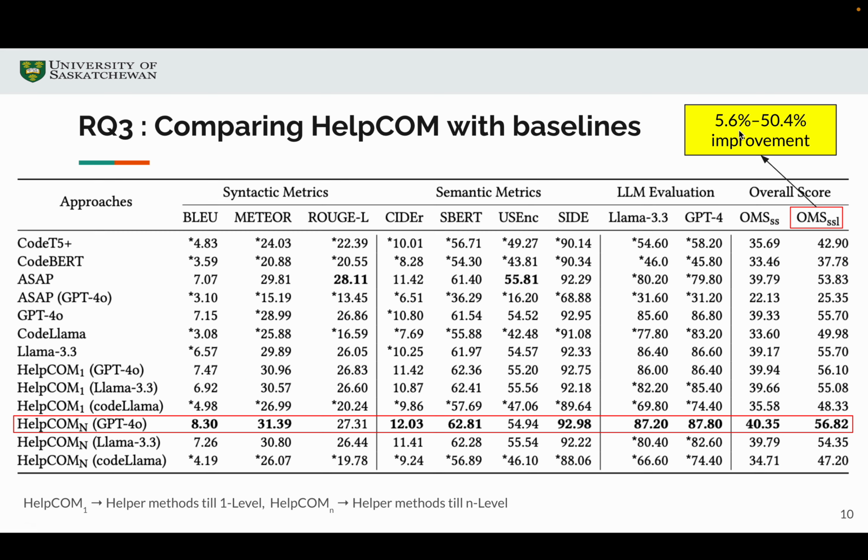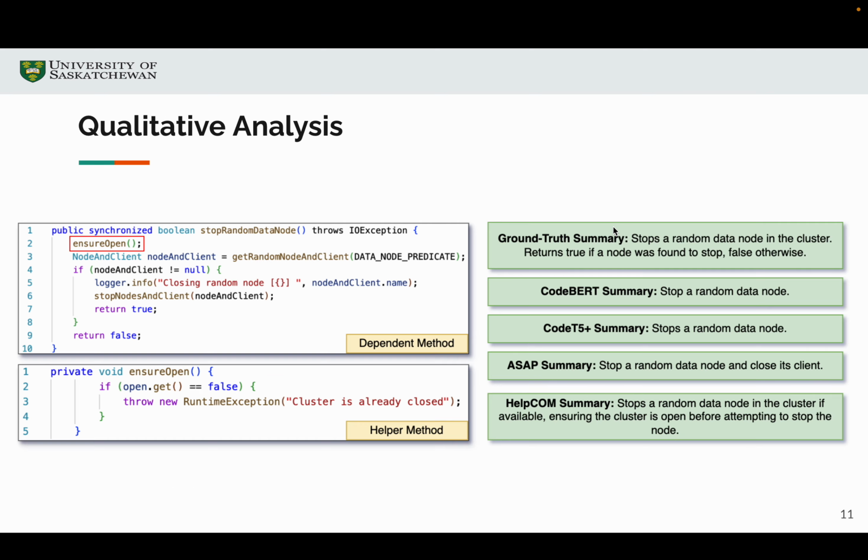You can also see that we got a total of 5 to 50% improvement in overall metric score. Okay, so here we prove that utilizing helper methods to generate quality comments for dependent methods actually improves the quality of the generated comments.